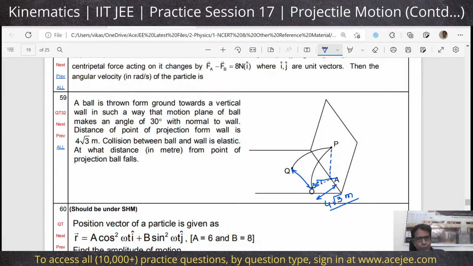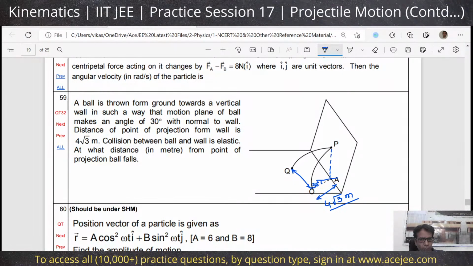For students on YouTube, I think this is a fairly good question. If I were to provide a hint, at the collision point, at the point P, think about the three components of the velocity: the vertical component, the component perpendicular to the wall, and the component that is horizontal and parallel to the wall.